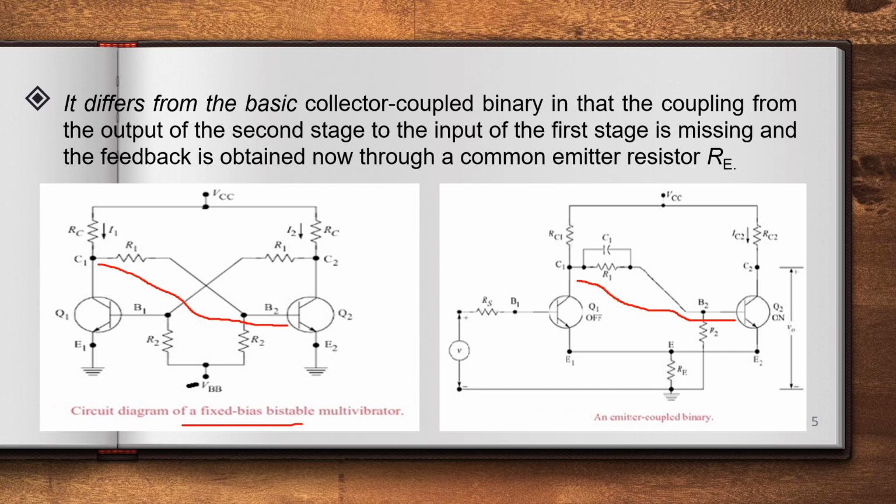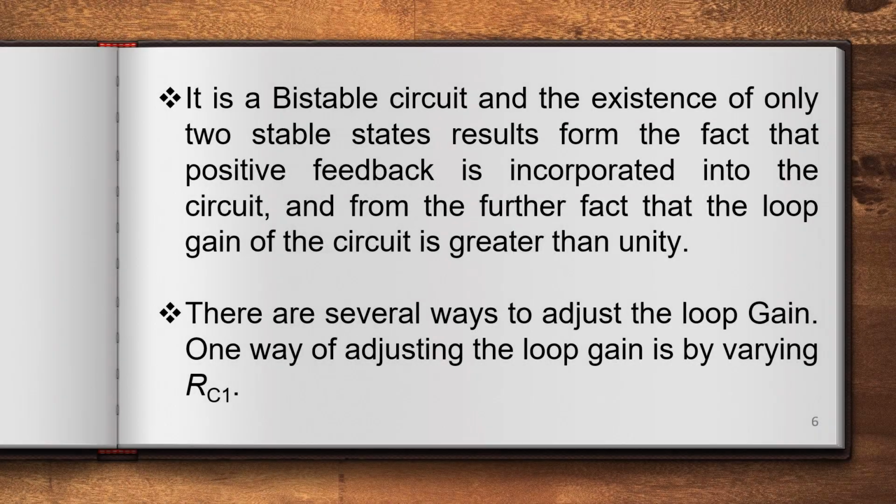But the output of the second stage is not coupled to the base of the first stage. Here this is missing. So coupling from the output of the second stage to the input of the first stage is missing here. Here feedback is obtained now through a common emitter resistance RE. It is also a basic bistable circuit.